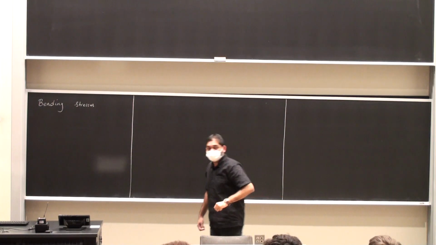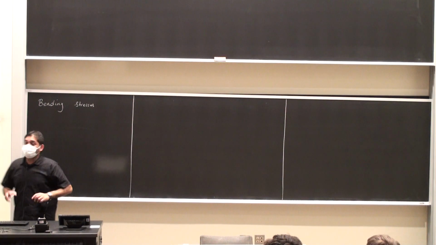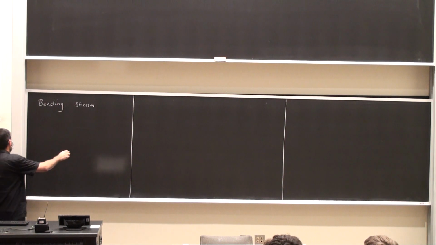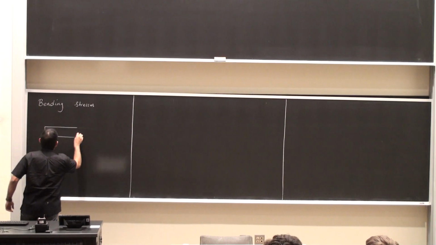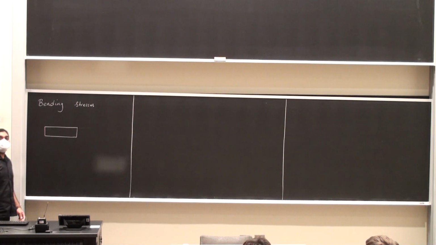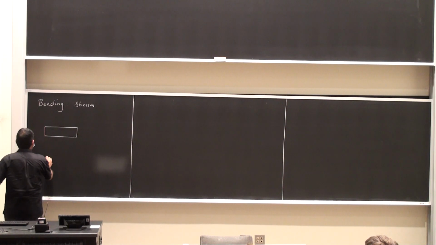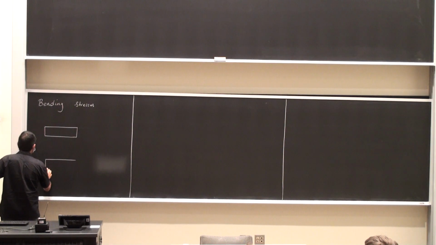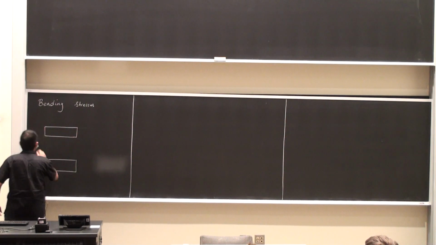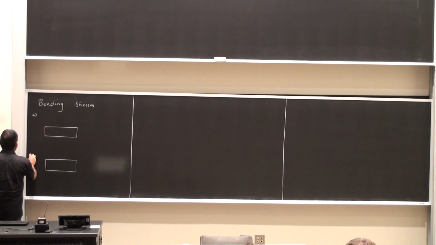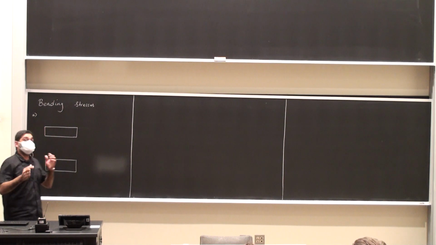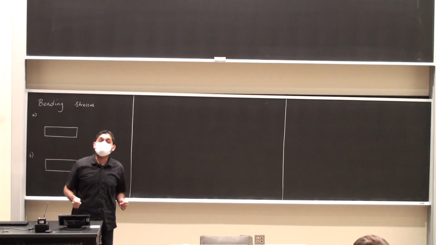Okay, thank you. So from last time, I'm going to consider two different situations. First situation: I have a piece of the beam. I'm going to call this situation A, this situation B. In the first situation, I'm applying a bending moment in the positive sense.